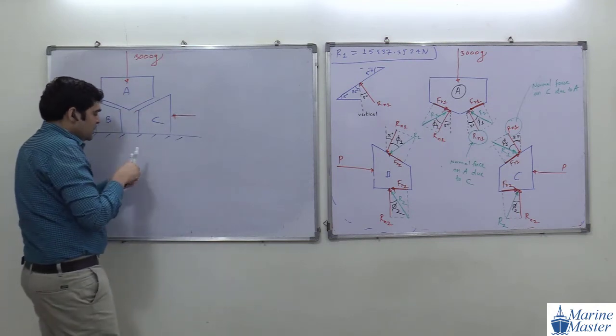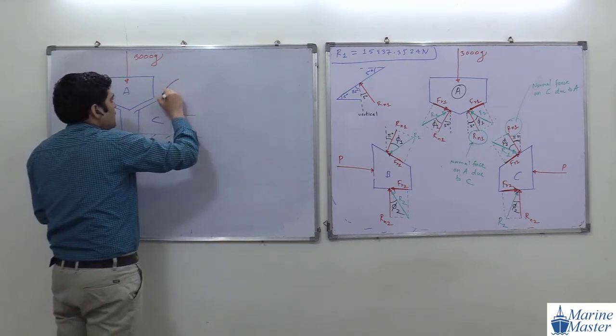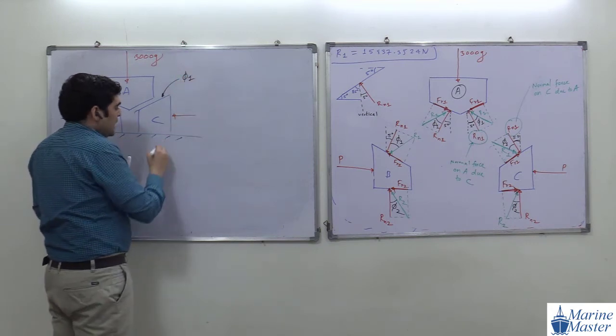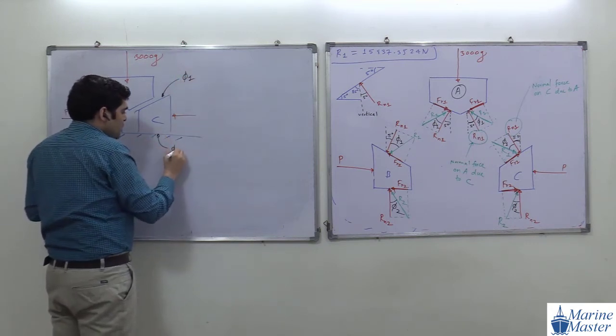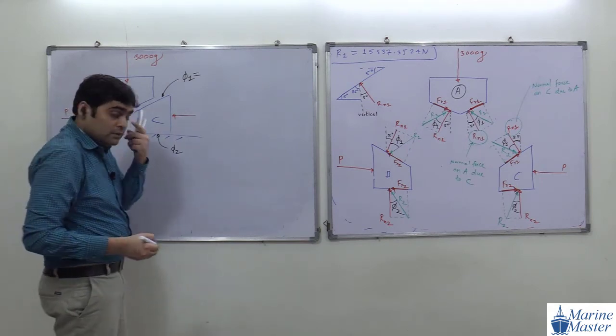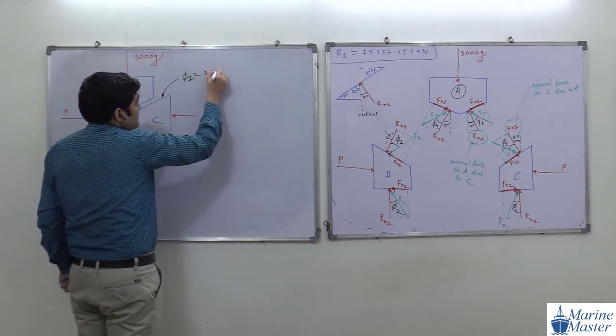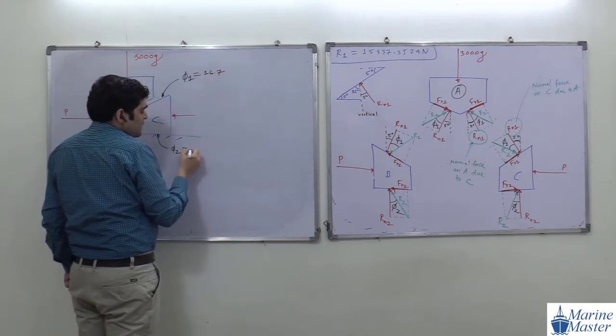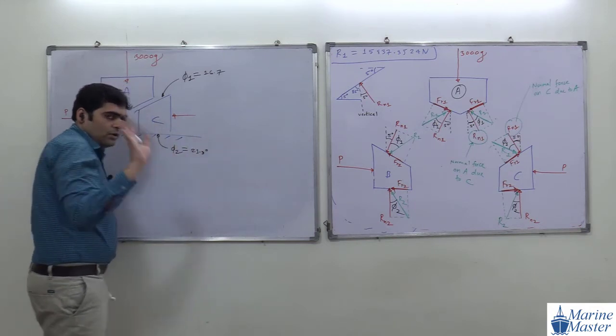Now the angle of friction for this one is phi1, and the angle of friction for this one is phi2. What is the value of phi1? And what is the value of phi2? 21.8 degree. Okay, good.